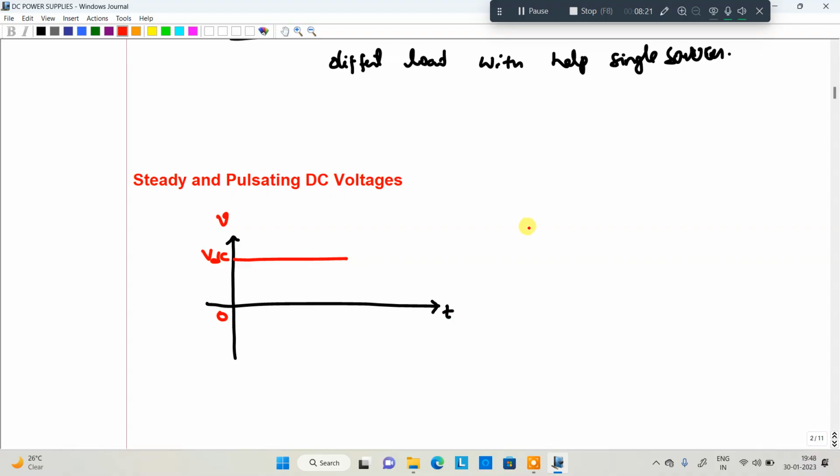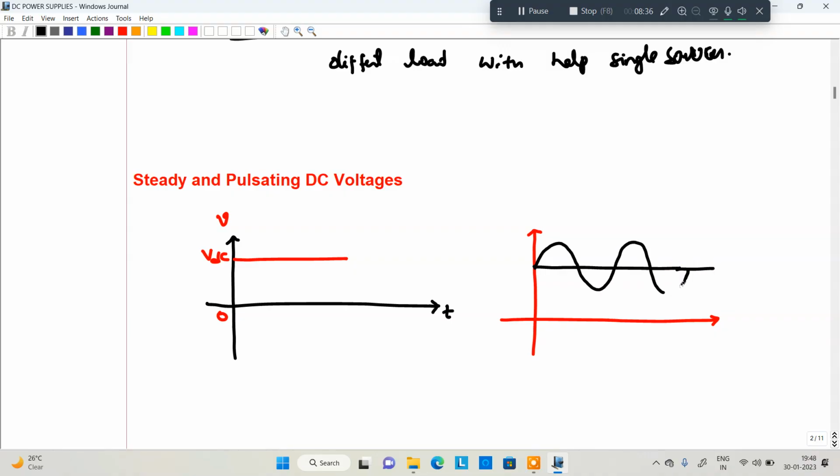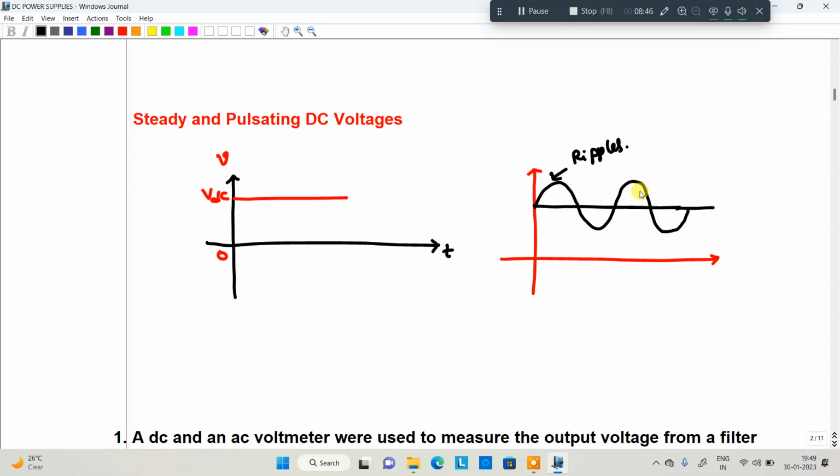So what about pulsating DC? In pulsating DC, we have some DC, and in that particular DC, the waveform is pulsating above and below the particular DC quantity. These are the ripples we have. Okay, ripples. So how can you find the ripple factor in the circuit?